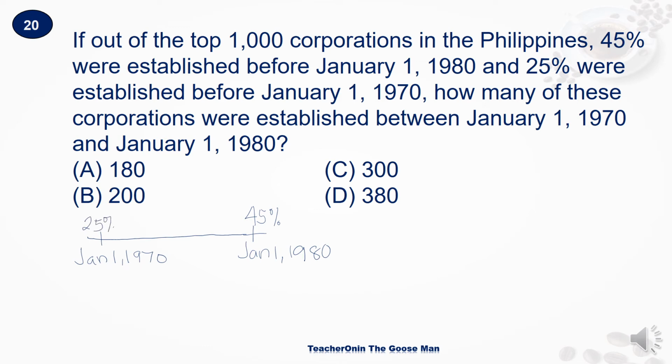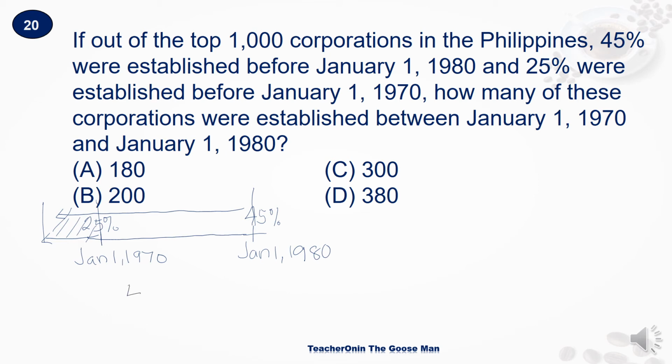So take note that itong 45% is from January 1 pababa, while this 25% is from January 1 pababa, here. So it means that itong part na to ay 25%. So from January 1, 1980 going down, we have 45%, and meron ka ng 25% here.